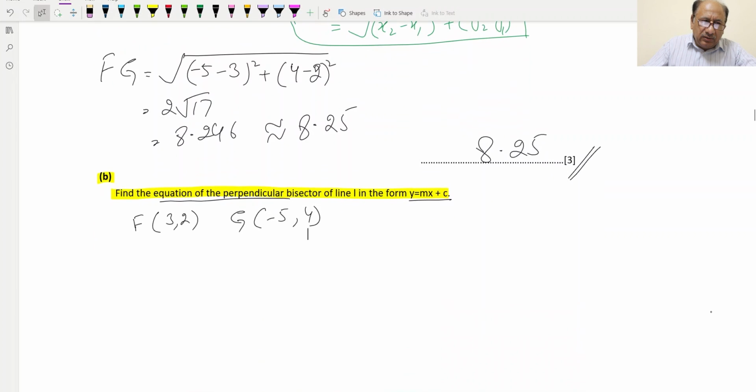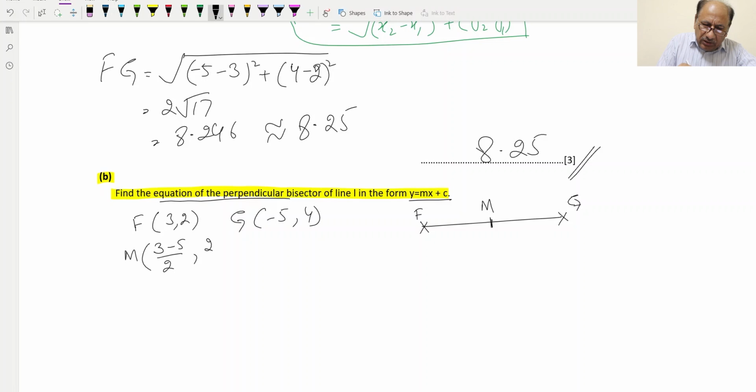And we can consider the midpoint, like for example, if this is F and this is G, the midpoint will be like this one, M. So what will the coordinates of M be? Coordinates of the midpoint will be, we will add these two x values and divide by 2, and the second value we will add and divide by 2.